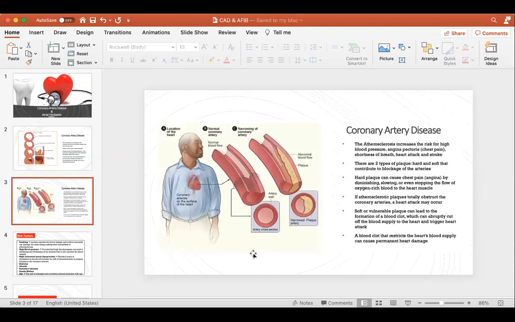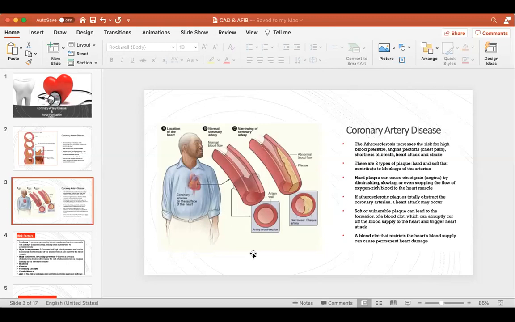So this increases the risk for high blood pressure and angina pectoris, shortness of breath, heart attack, and stroke. There are two main types of plaque, hard and soft, that contribute to the blockage of the artery. The hard ones cause chest pain by diminishing or stopping the flow of oxygen-rich blood to the heart muscle.